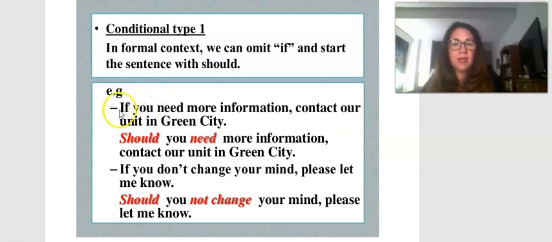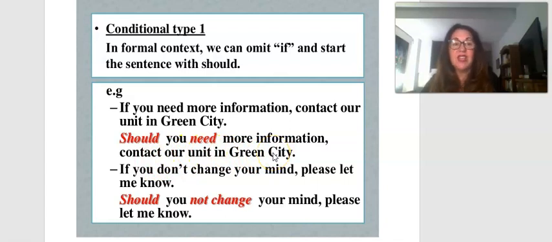So I omit the if, bye-bye if, and the should comes before the subject. So should you need. Instead of if you need, should you need. And that's it. We don't have to do anything else. So if you need more information, contact our unit in Green City. Should you need more information, contact our unit in Green City.